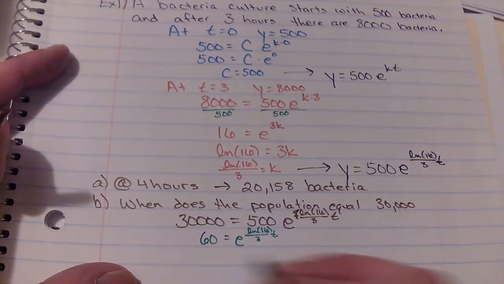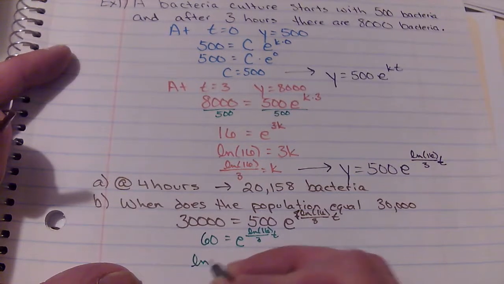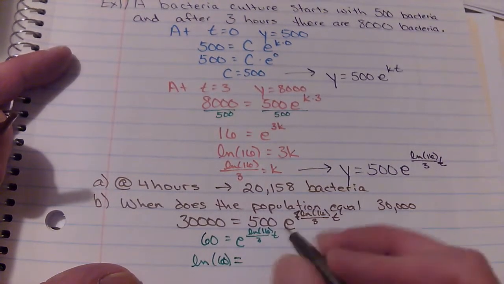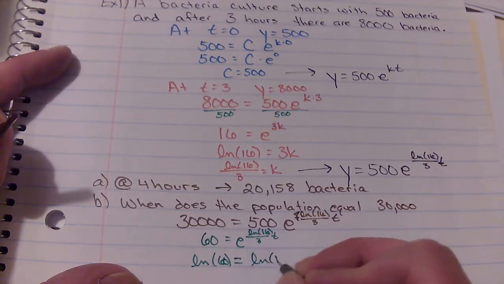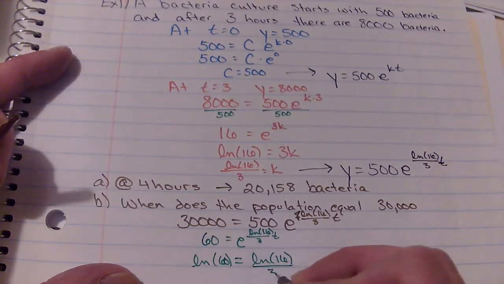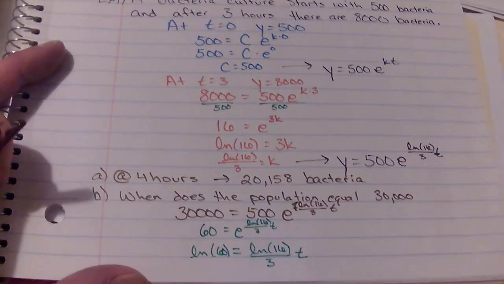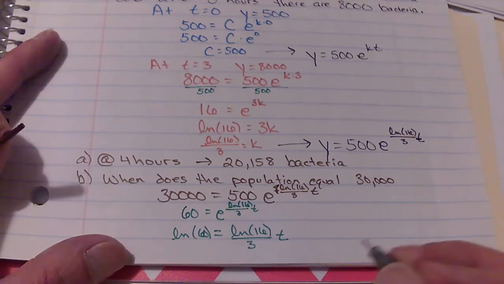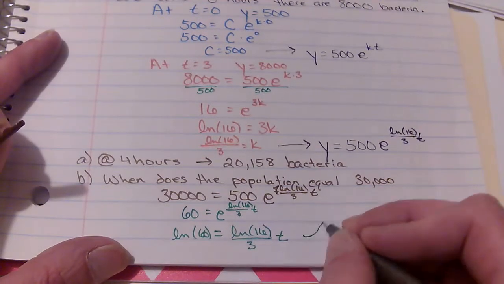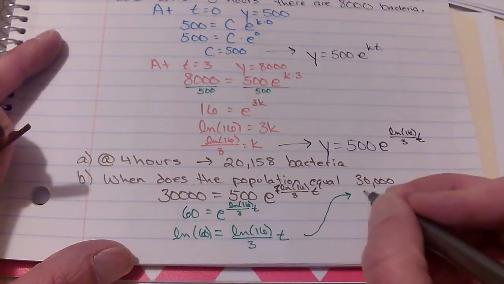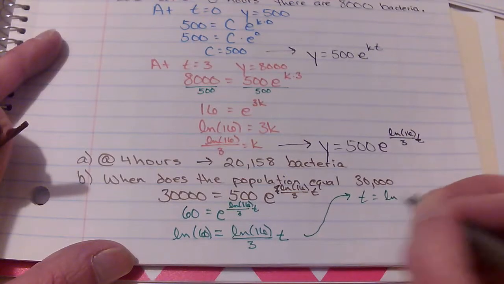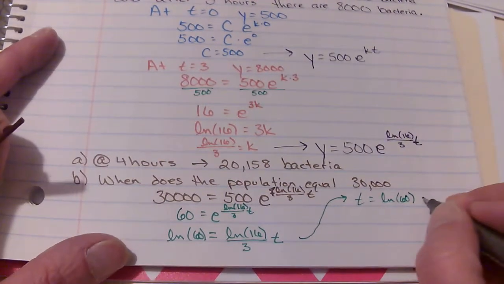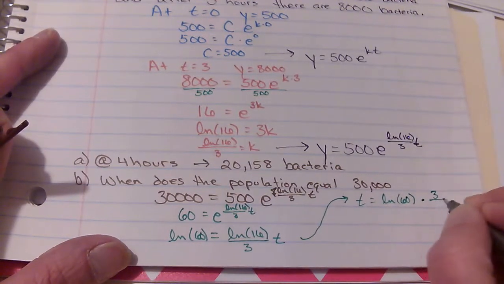Rewrite it as a logarithm. Natural log of 60 equals that exponent. So I would be dividing by that fraction, which means I would have t equals the natural log of 60 divided by that fraction, which would be the same as multiplying by the reciprocal.